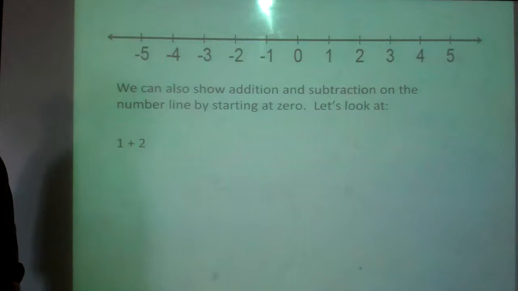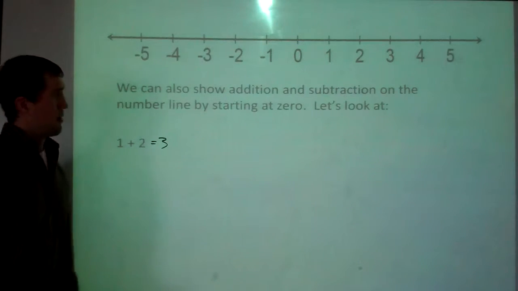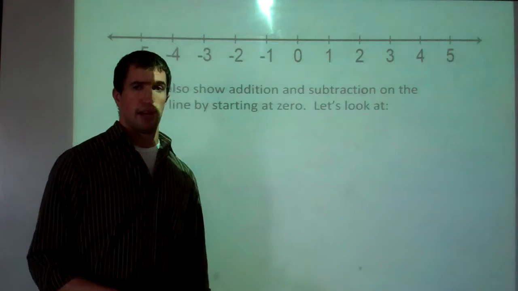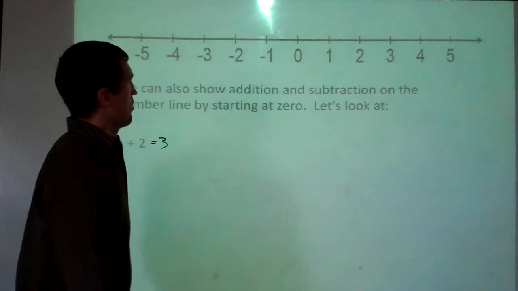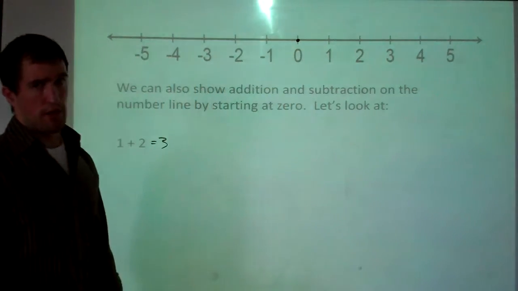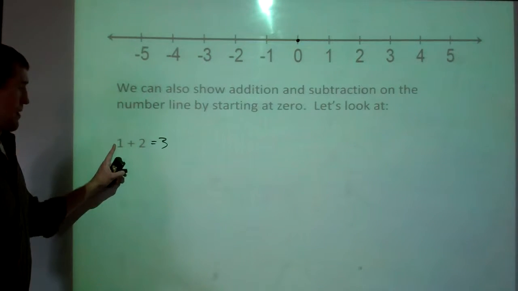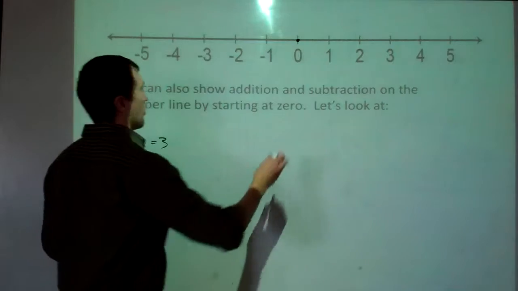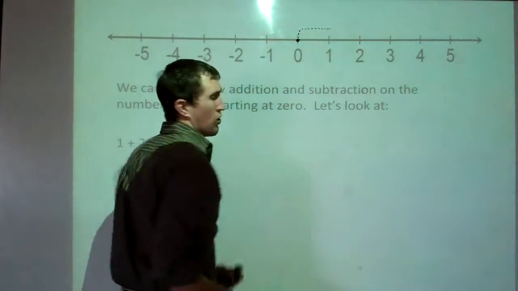1 plus 2. We know that 1 plus 2 equals 3. But to show that on the number line, we have to start at our origin, which once again is 0. We always start there when we do these. Now we look at our first number, positive 1. So we're going to go in the positive direction over 1.